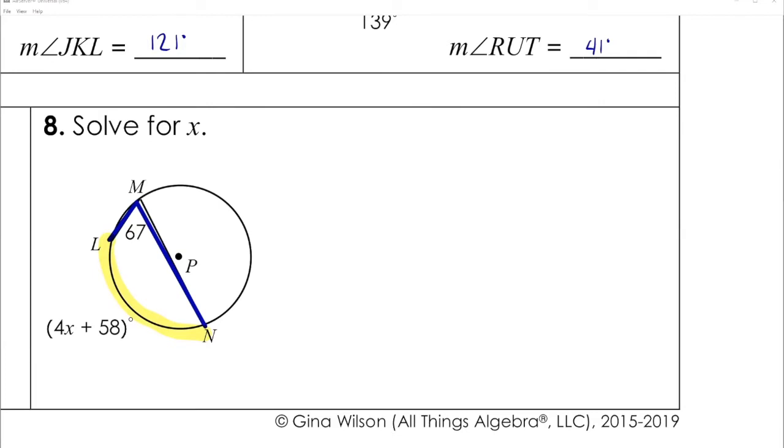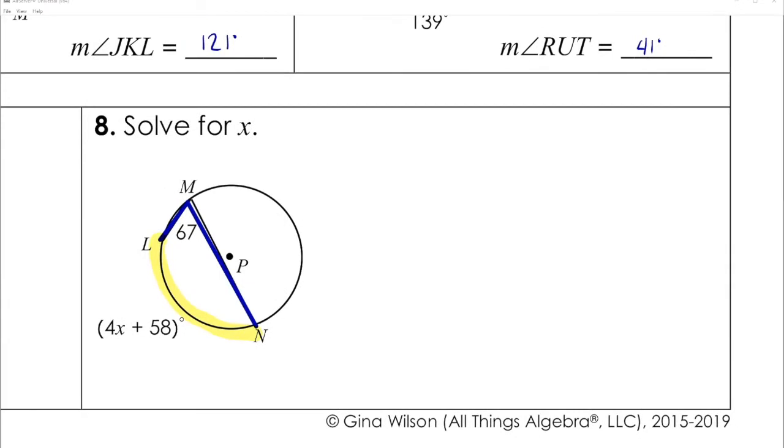So if we're setting this up, if we're solving for the inscribed angle, it would look something like this. The measure of angle LMN is equal to the arc LN divided by 2. So if we were setting this up algebraically, before we even get started, this is what we'd be looking for.